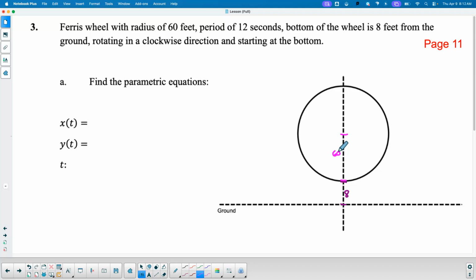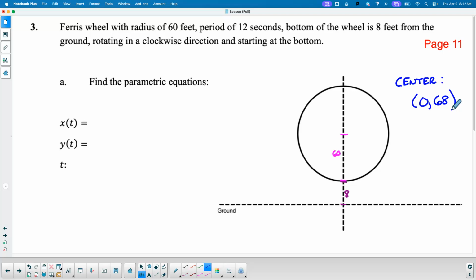Which would put my center of the Ferris wheel where? Where would my center be? 0, 68. 0, 68. Okay.